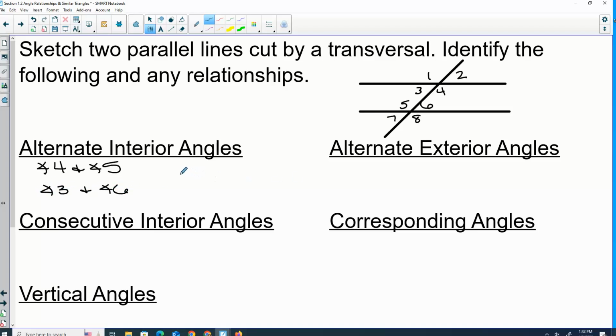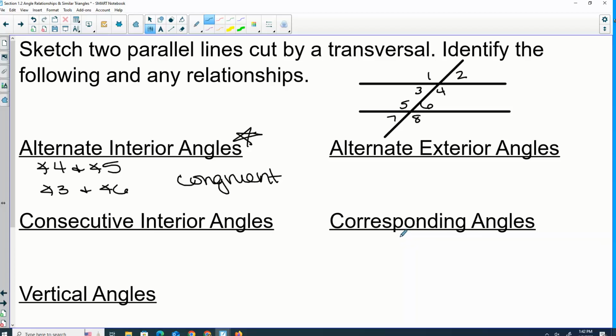What's true about their measures? It's not going to say congruent. They have the same measurement. Out of all the relationships that come up, this is probably the one that we'll see the most. The alternate interior.